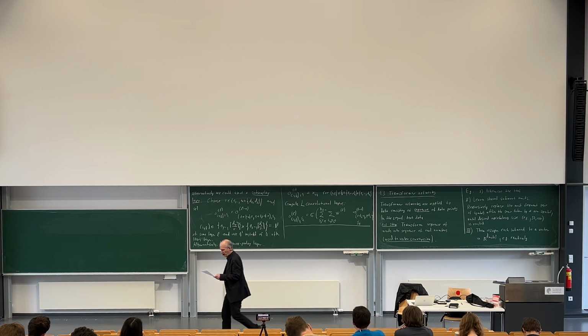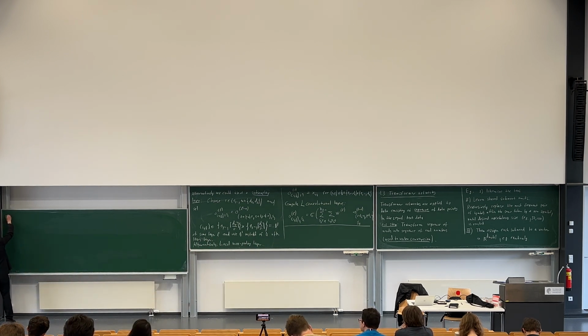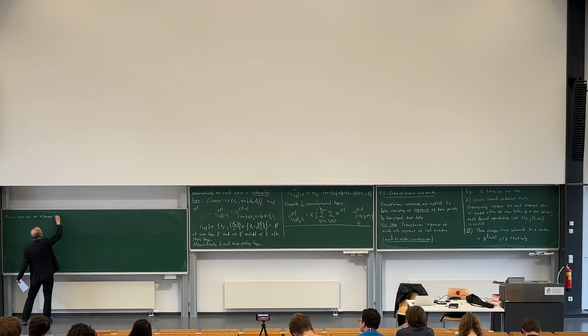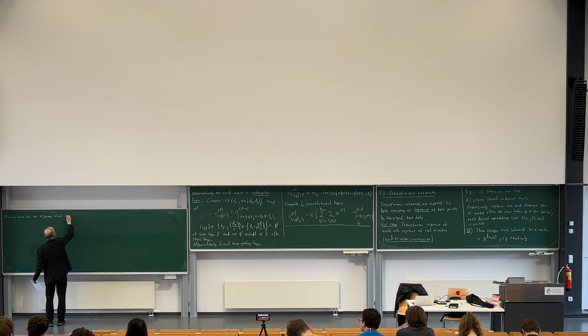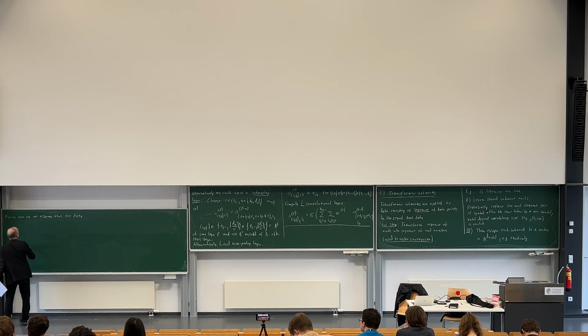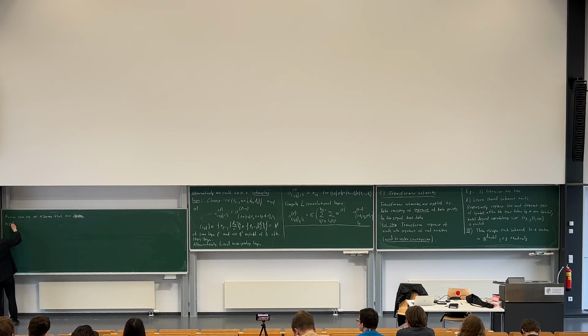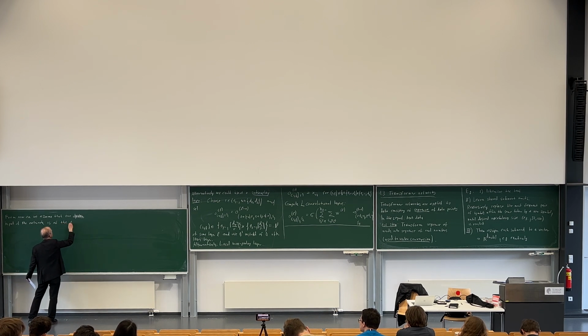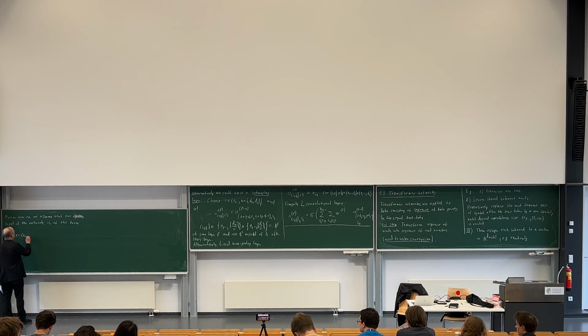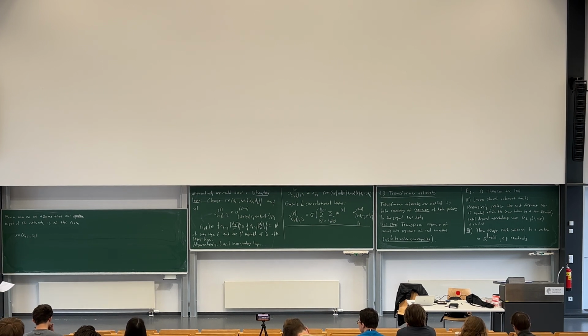So from now on, I assume that our given data, or given input of the network, is of the form X. We have L of our subwords, and each of these subwords is mapped to some vector in R^{d_model}.